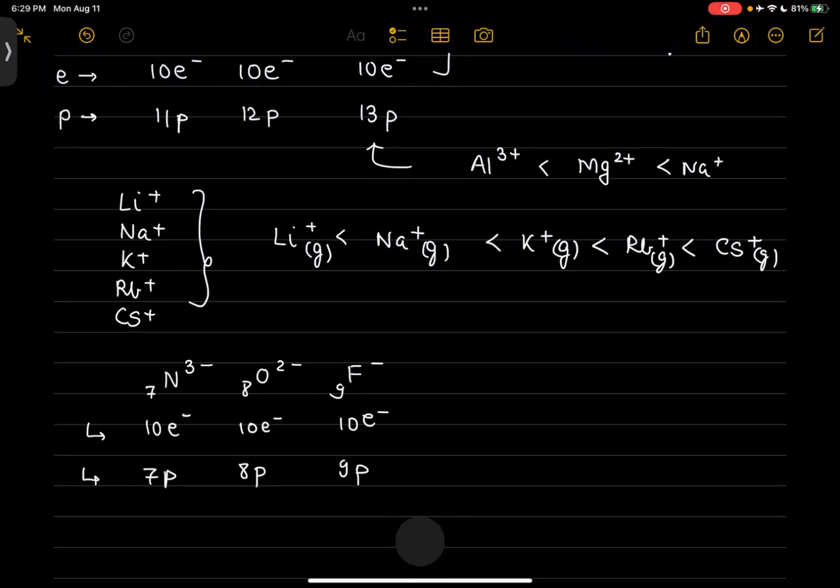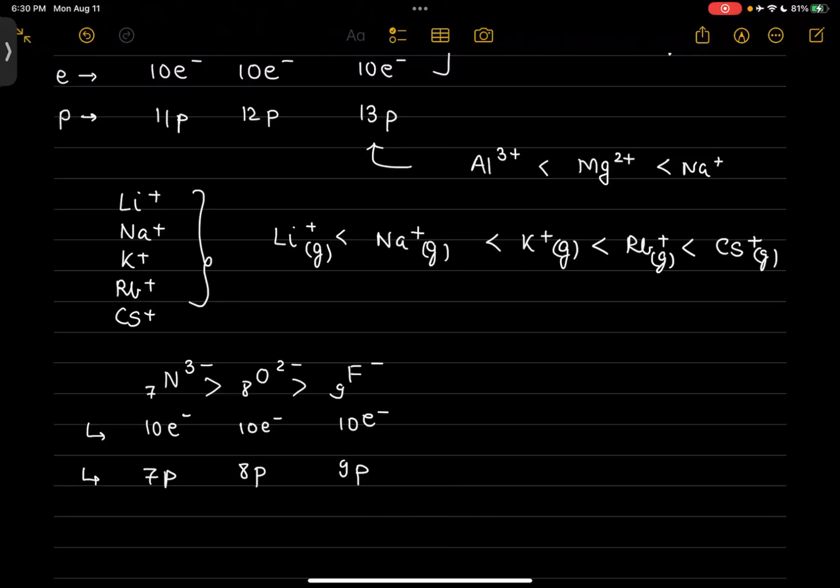I hope this is clear. Yes. So tell me, nitrogen, which one will be the biggest? Yes, it is going to be the biggest, because it has just 7 protons and too many electrons. 10 electrons, more than the protons, and the negative charge is also highest, minus 3. So the repulsion is going to be very large. It is going to expand from its normal size, right?